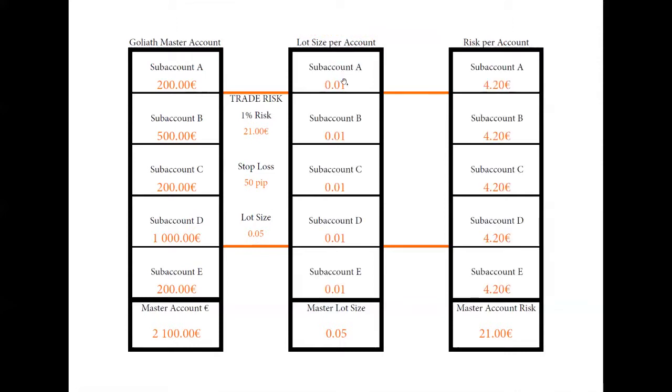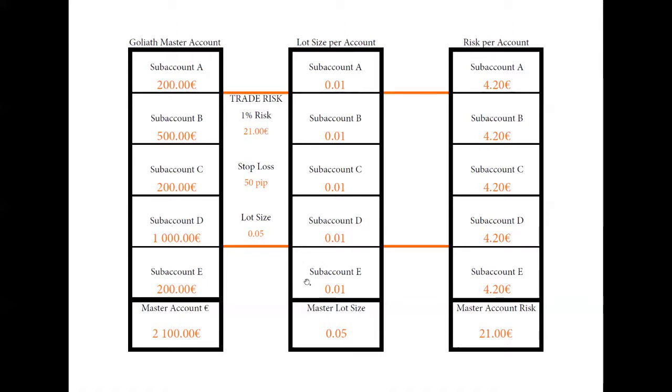That would mean sub-accounts A, B, C, D and E would all have 1 micro lot. All of the accounts would be risking 4.2 euros. You can see that 4.2 euros is more than 1% risk on the small accounts.